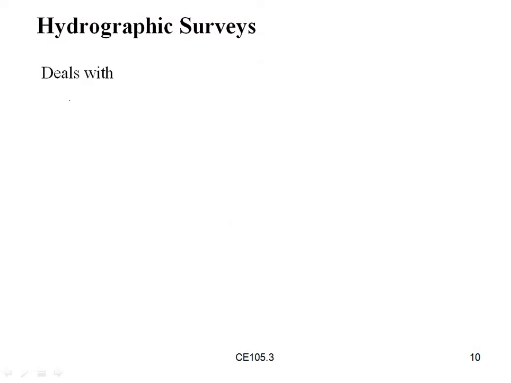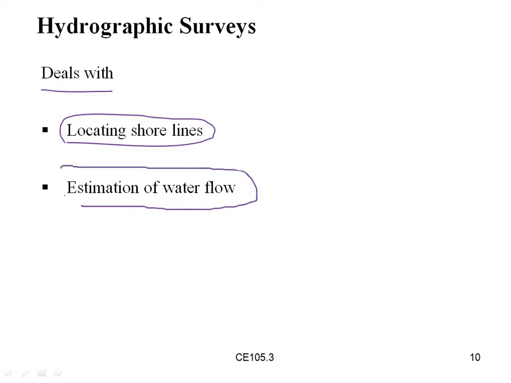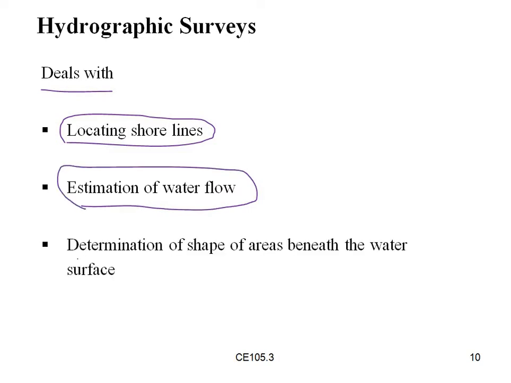So more, hydrographic surveys deal with locating shorelines, estimation of water flow, and determination of the shape of areas beneath the water surface. Let us see first what shorelines are.